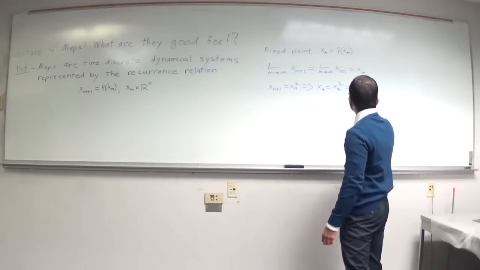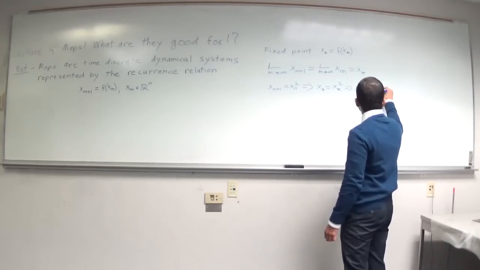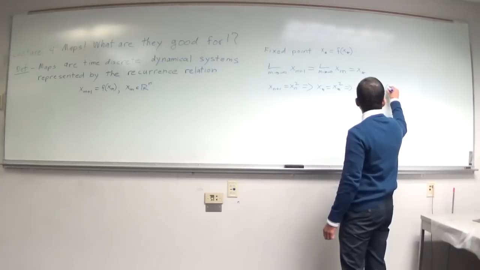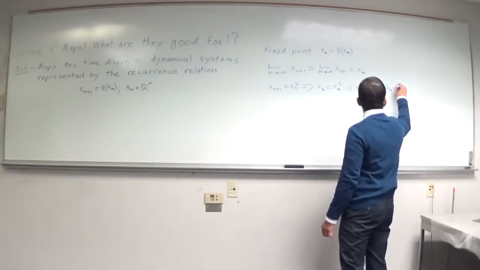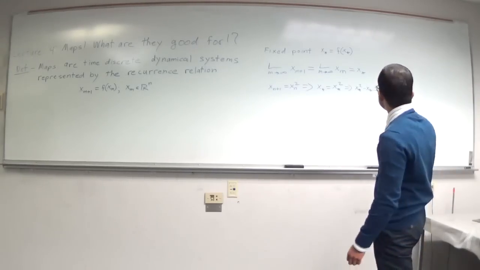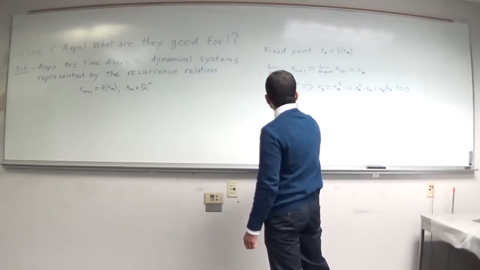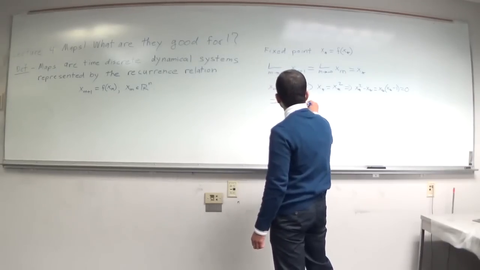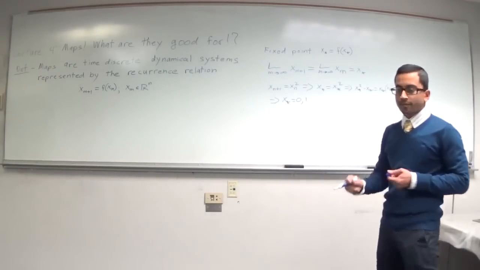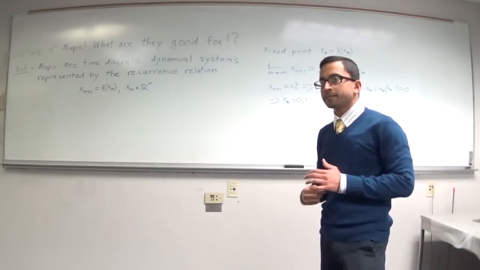That gives us x star squared minus x star, which equals x star times (x star minus 1), equals 0. So then we just solve for x star, and we get that x star equals 0 and 1. So that's how we find fixed points of maps.